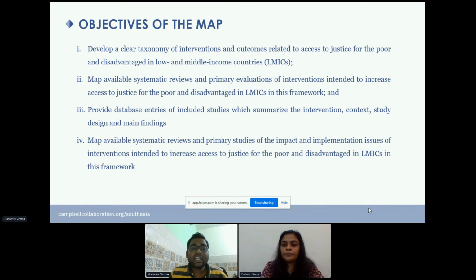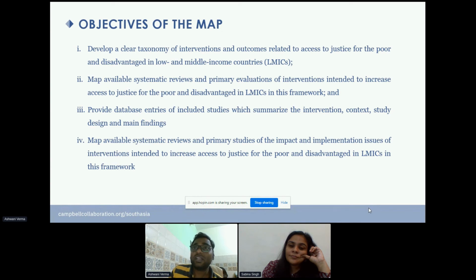And we also would like to provide database entries for the included studies, which summarize the intervention, the context, the study design, and their findings. I would like to add more in terms of the outcomes that particular studies or impact evaluations measure.